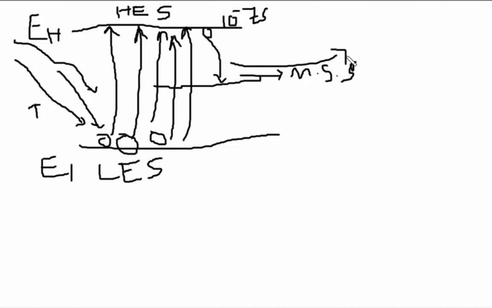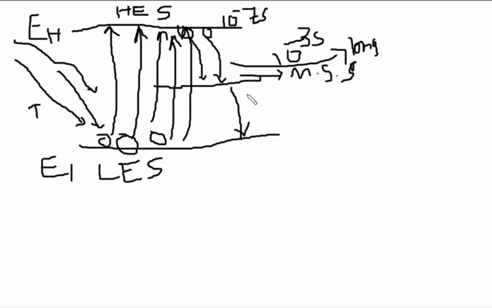Here it will stay for a long time, around 10 to the power of minus 3 second. Okay, here all the recombination will take place and most of the electrons will come here, and after 10 to the power of minus 3 second, it comes to the lower energy state.